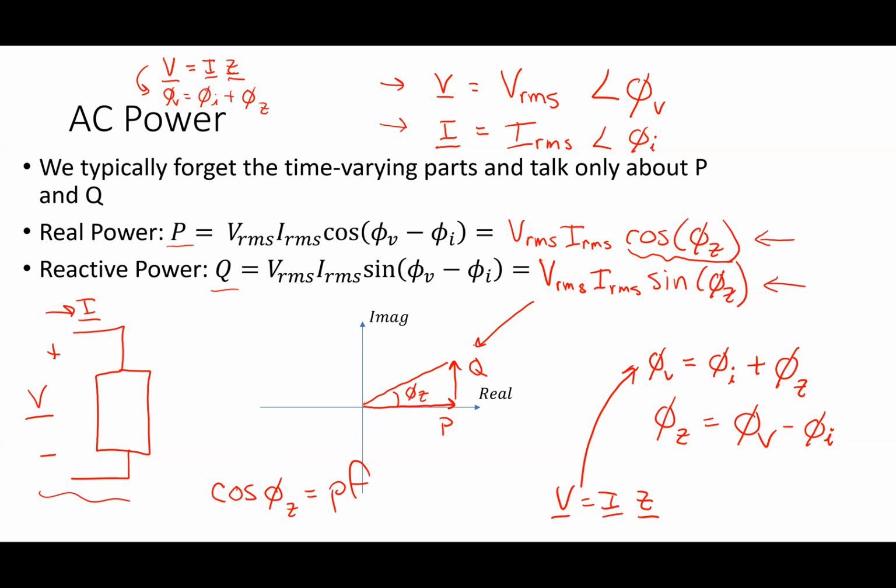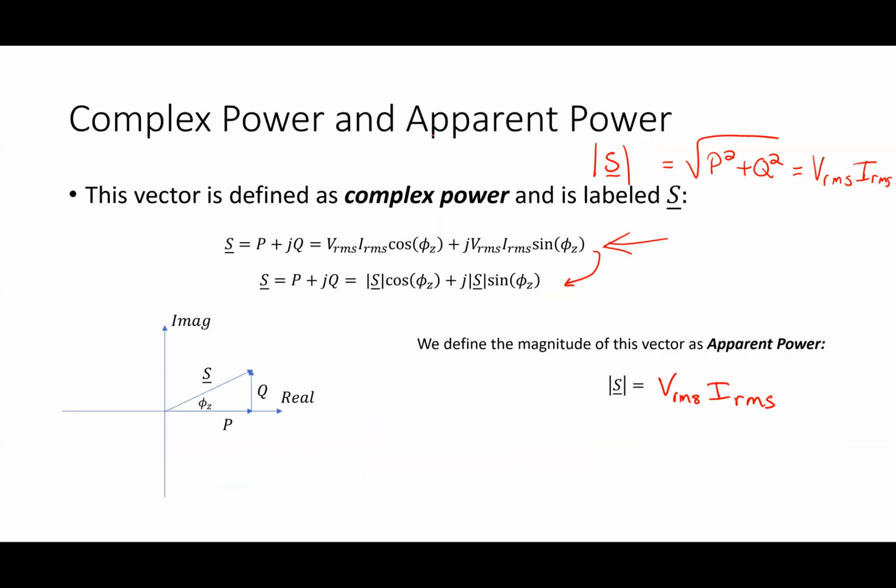And because of the way these are set up, if I have V and I defined as these phasors, then I get complex power, this thing S, which is equal to P plus JQ. It is also equal to V times, not V times I, but I conjugate.